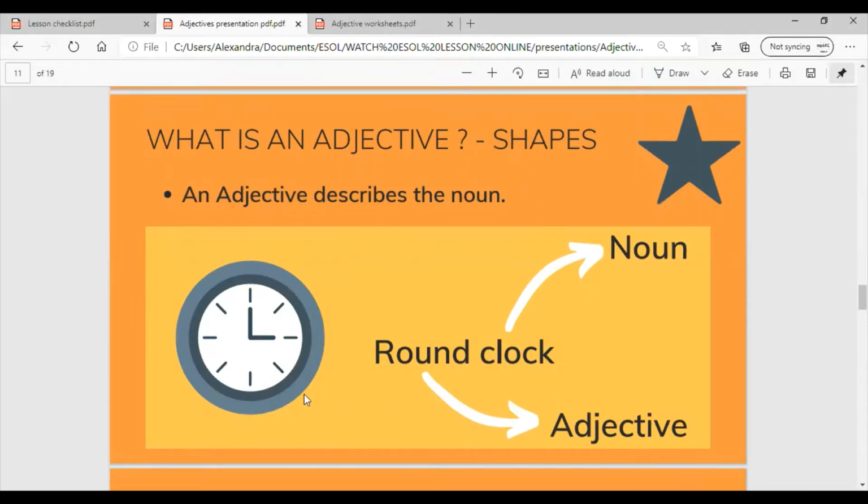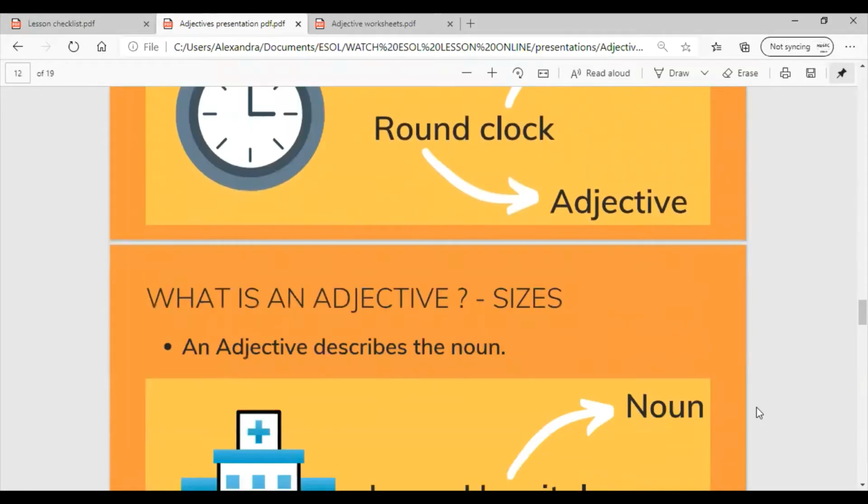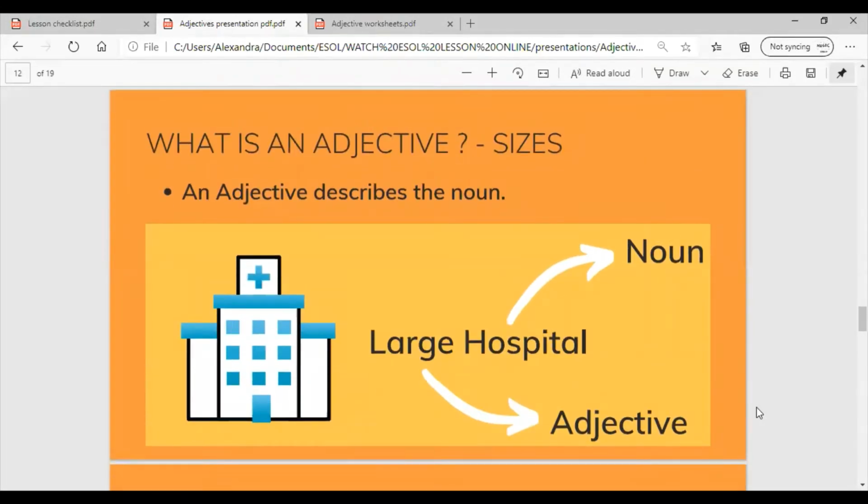Here we have a clock, and that would be our noun, whereas round, which is its shape, is our adjective. And then next we have the category of sizes. Here we have a hospital. Hospital is our noun because it is a place, and large would be our adjective because large is a size that is describing how big or how small the hospital is.